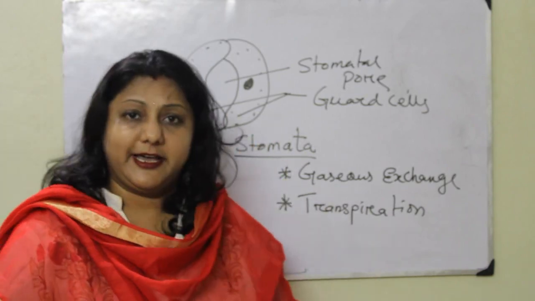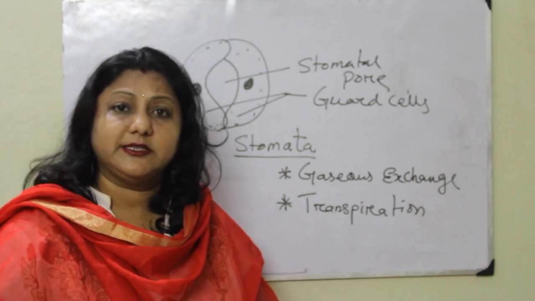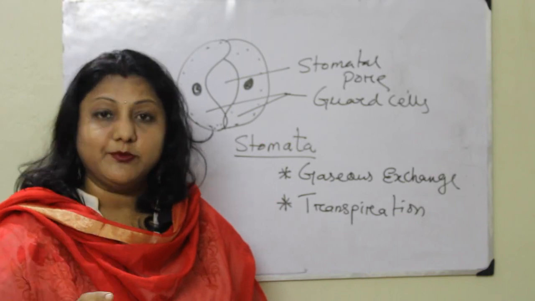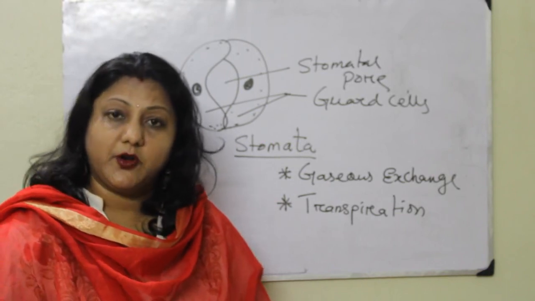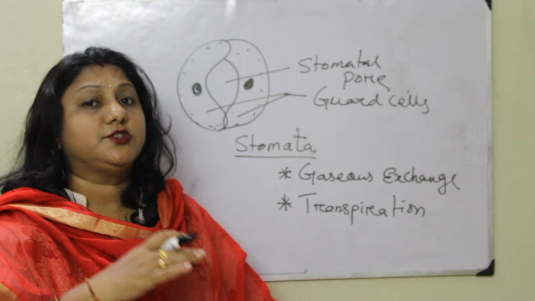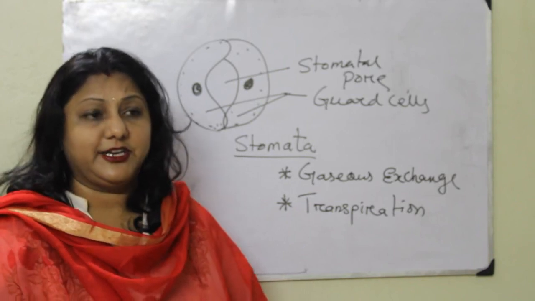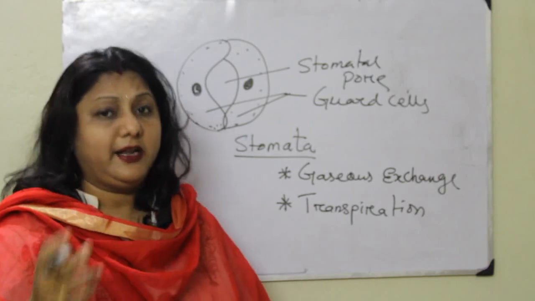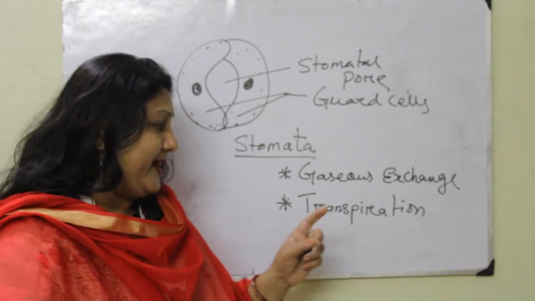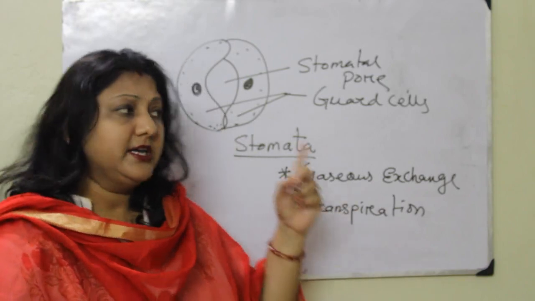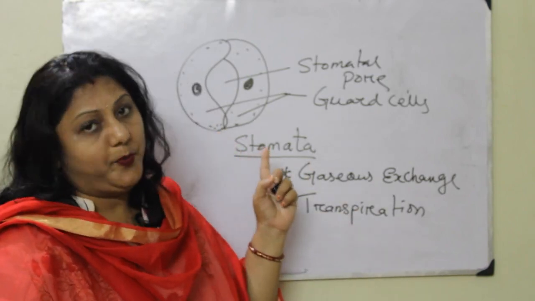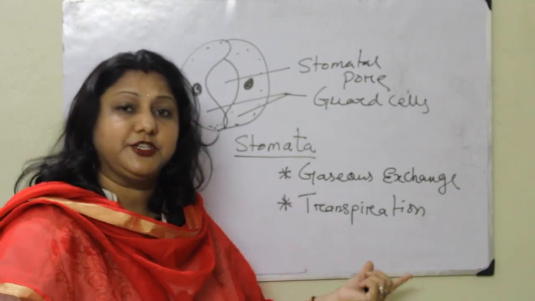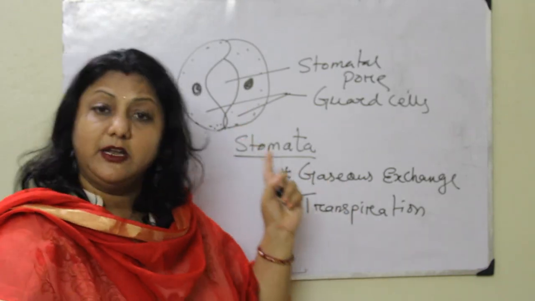Now these are the two most important functions of this particular structure. All the time the gaseous exchange cannot take place, all the time transpiration also cannot take place. So sometimes the stomata has to be in closed condition, sometimes in open condition. So that is the reason there is a question of opening and closing of stomata. When there is a requirement of gaseous exchange, the stomata has to be open. When there is a requirement of transpiration, the stomata has to be open.